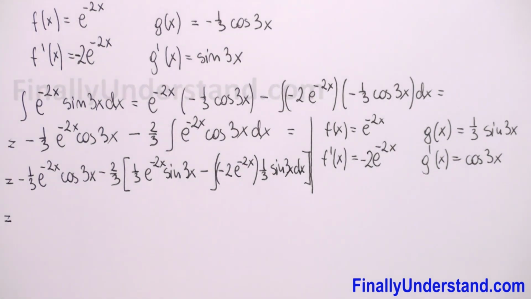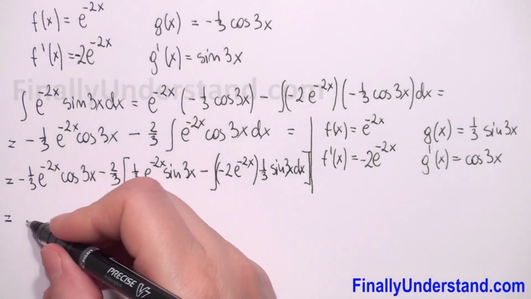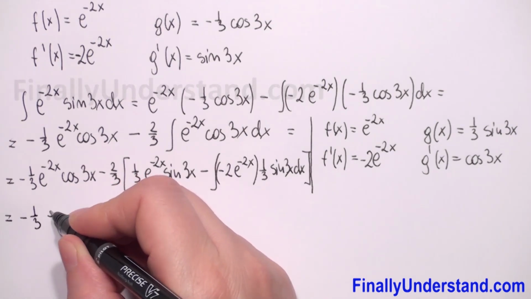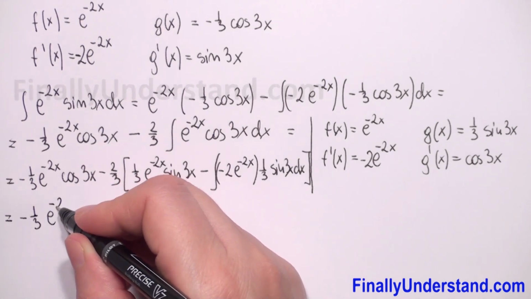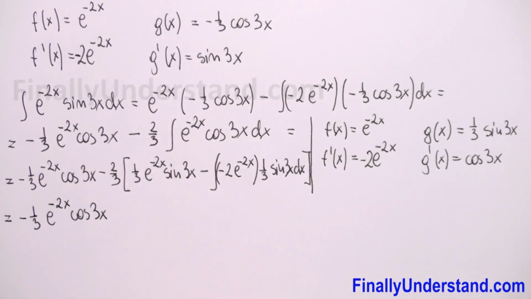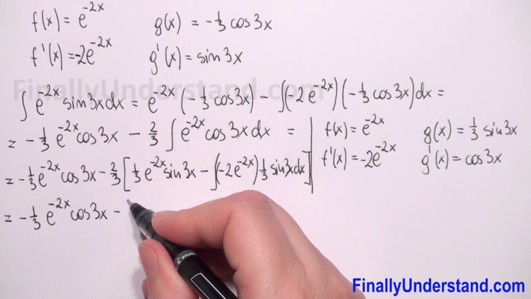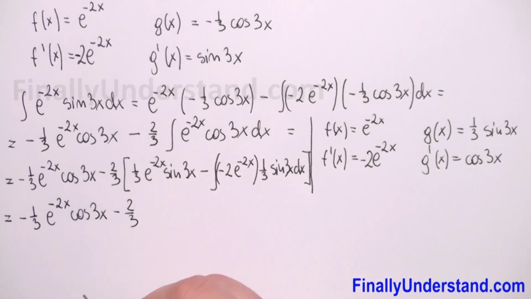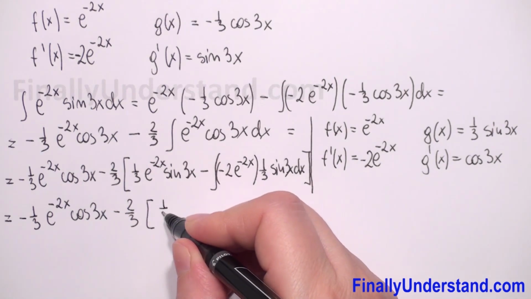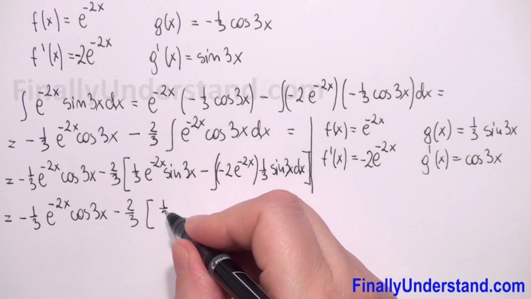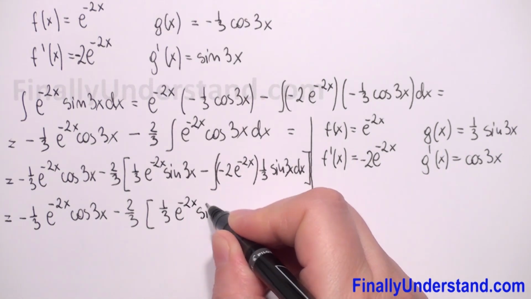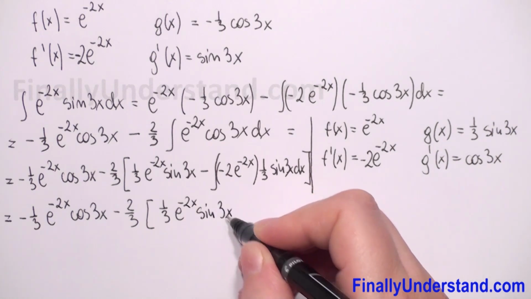This is equal. We have to simplify first. So in the beginning we need to copy 1 over 3 e to power negative 2x cosine 3x minus 2 over 3, and in brackets we will have 1 over 3 e to power negative 2x sine 3x.